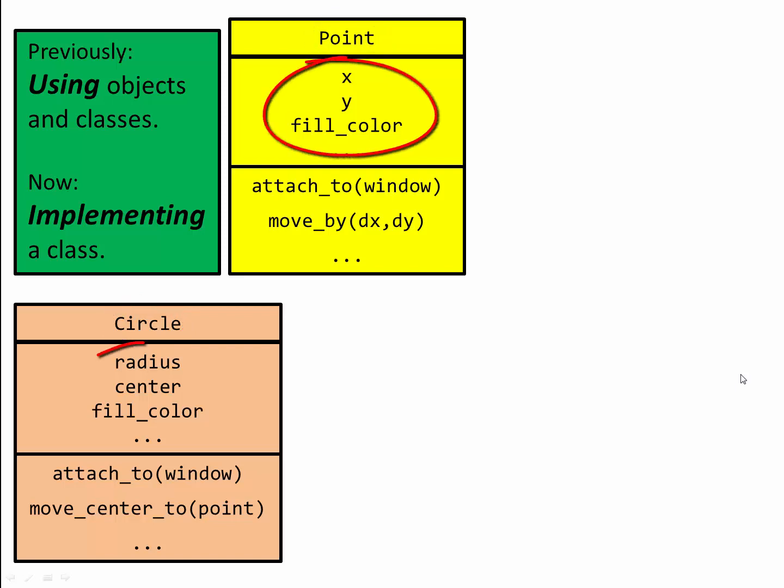Second, the instance variables of the class. These are the names that the class uses for the data that instances of the class store. For example, a circle class has instance variables radius and center.